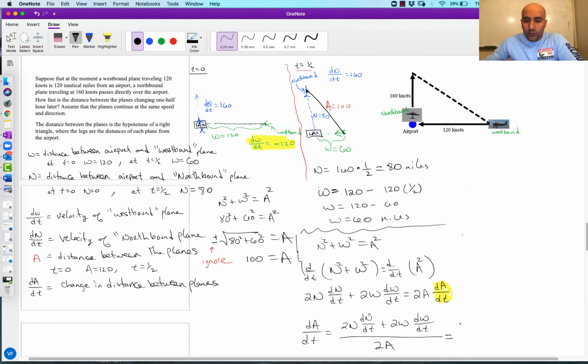So 2 times n, we said n is right here, it's equal to 80, times dn/dt, which is equal to 160, plus 2 times w, and the w we said was 60, times dw/dt, and dw/dt is negative 120.